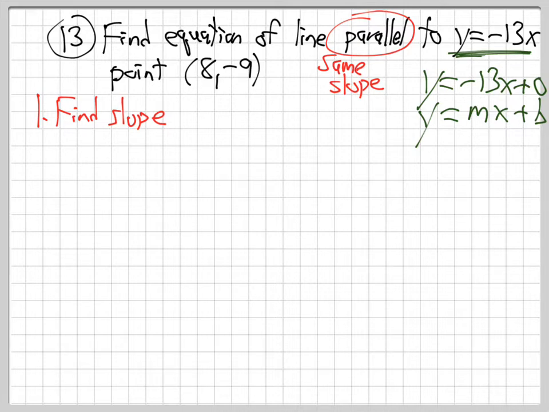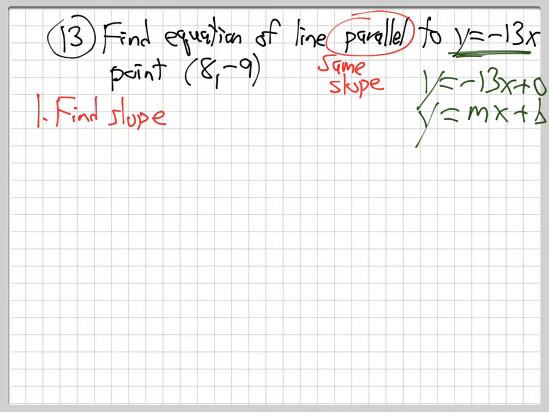The minus 13 is what I really care about. What is that minus 13? It's the slope, because it's in the m spot. Remember, when you have an equation with y alone, the number next to x is the slope, automatically.